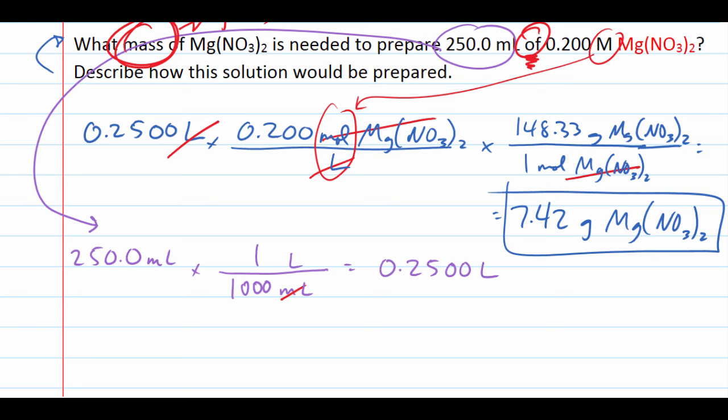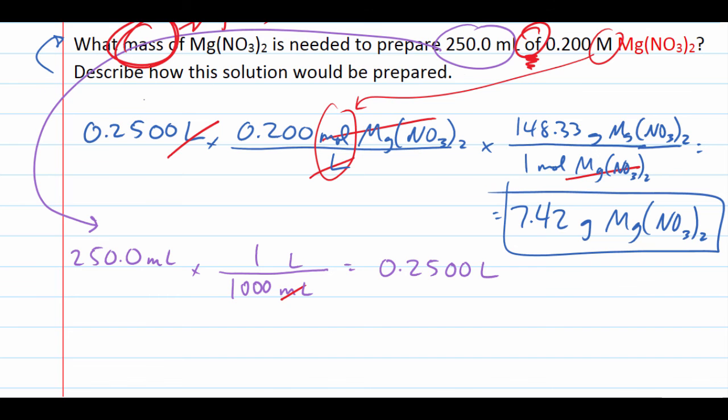If we want to make this solution, in the end, how much volume are we going to need to make? 250 milliliters. And how much stuff are we going to need? Well, here's the stuff that we calculated. We need 7.42 grams of magnesium nitrate.